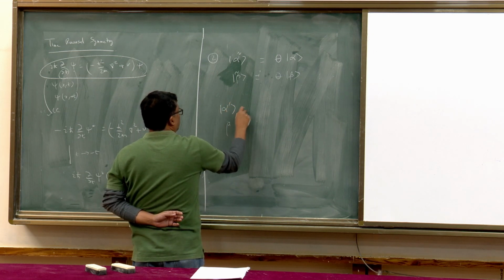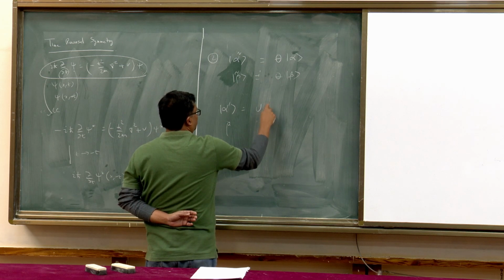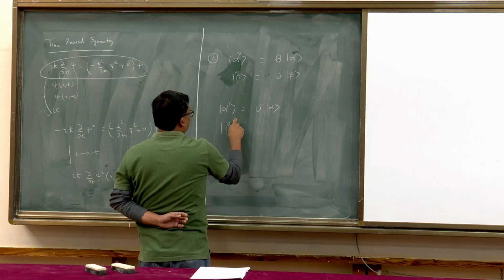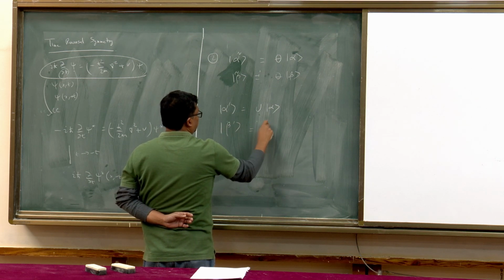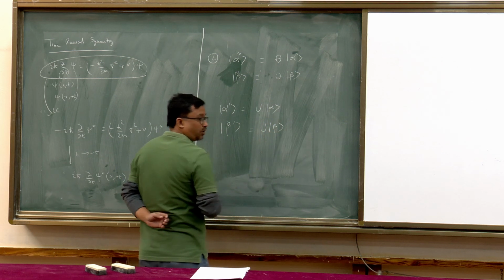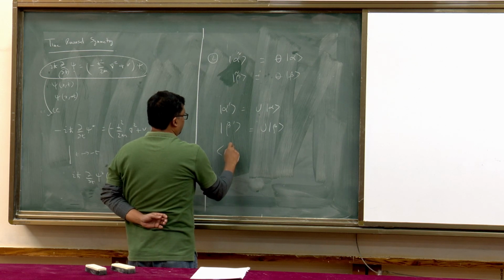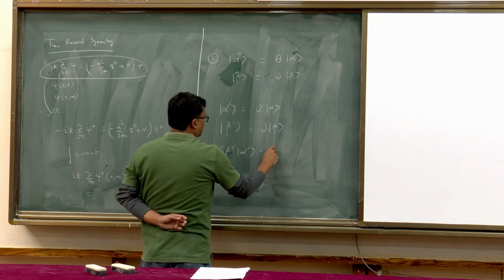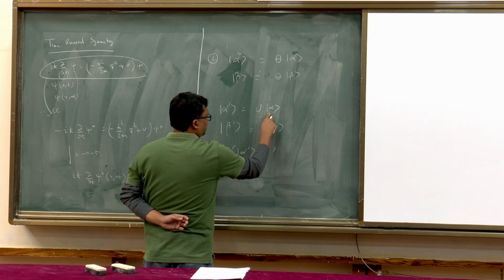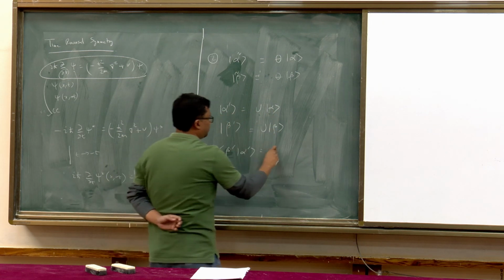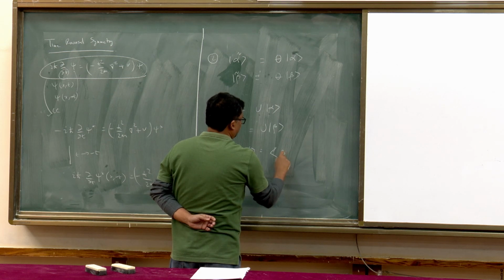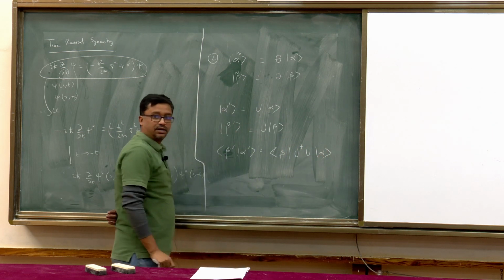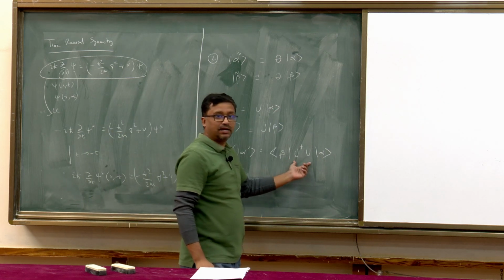Because what happens in general is that if you have some transformed alpha prime with some operator U, U alpha, and if you operate the same operator on another ket beta, U beta, you take the inner product, right, inner product of beta prime alpha prime, then you take the dagger of this thing. So, beta U dagger U, right, and U dagger U is an identity, right.